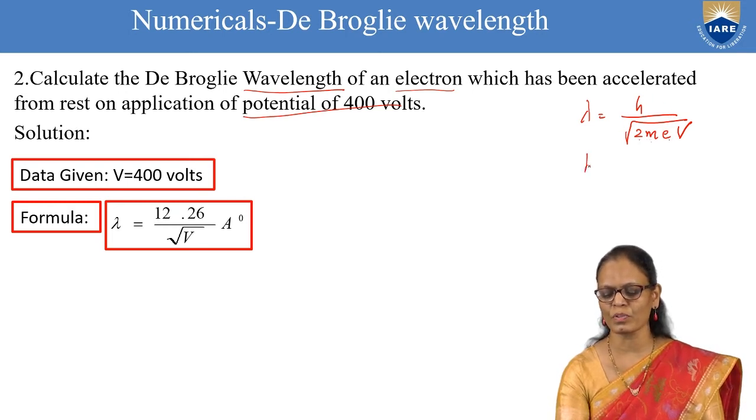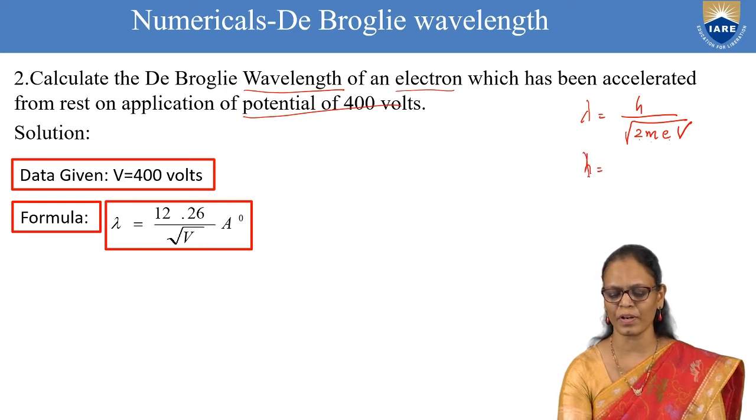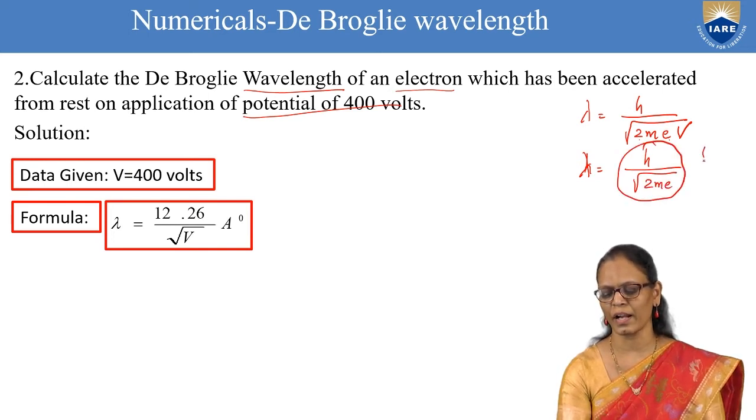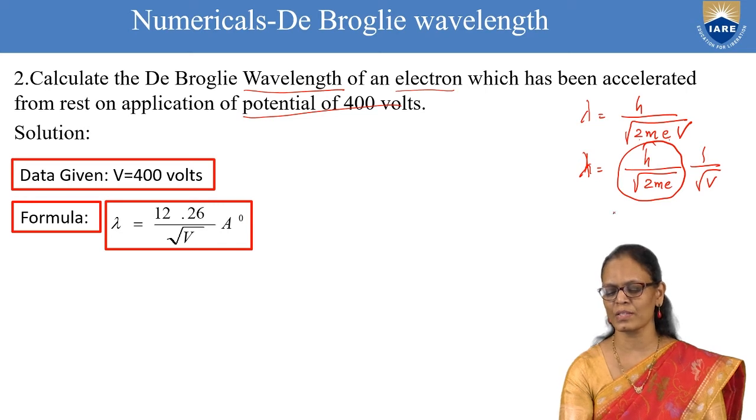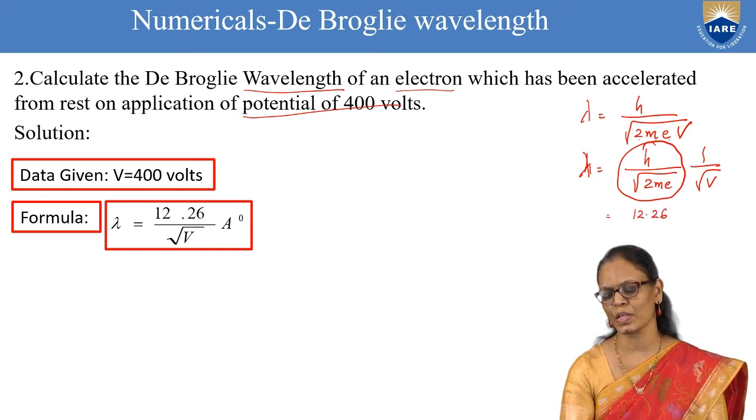When you substitute all these values, I can write lambda is equal to h upon under root 2me, I can solve the whole thing and write it like this. We have already solved this value in theory. It is coming out to 12.26 angstrom.